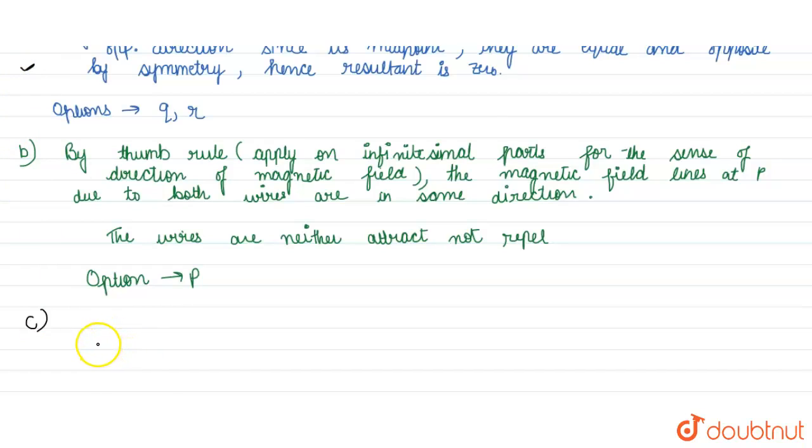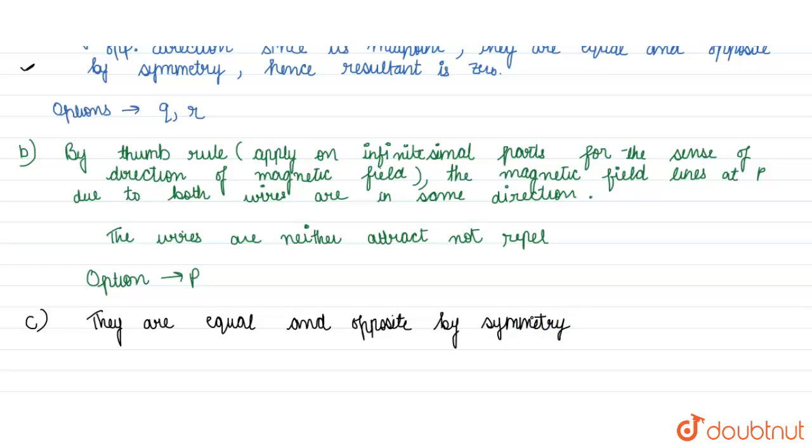So we will write here that they are equal and opposite by symmetry, right? So it means its resultant is 0.